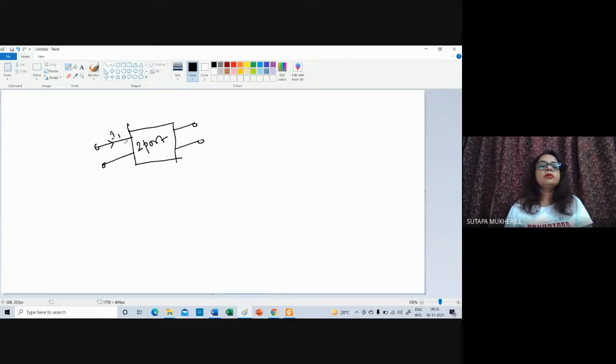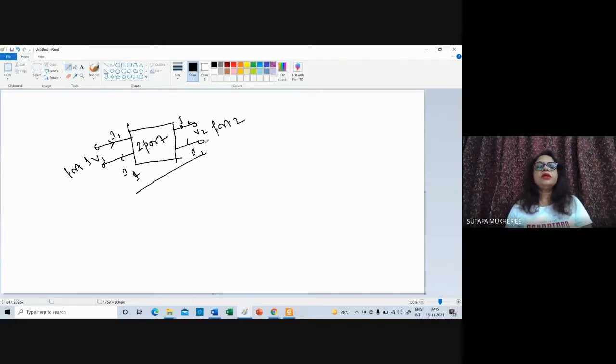So this is I1, this is I2. This is V1 and this is V2. This is port 1 and this is port 2.